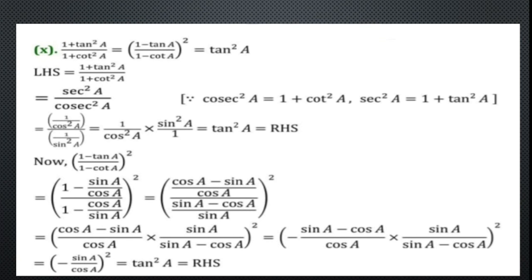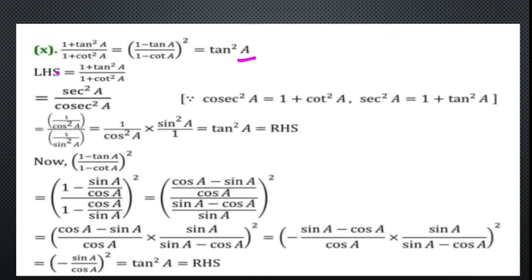Now the last one, question number 10. There are 3 parts. I have to prove that 1 plus tan square a by 1 plus cot square a is equal to 1 minus tan a by 1 minus cot a whole square, which is equal to tan square a.